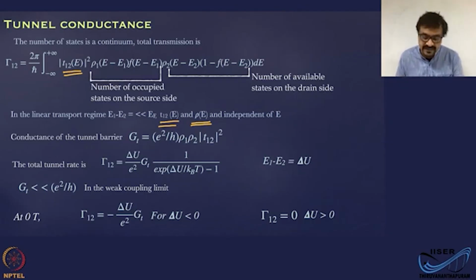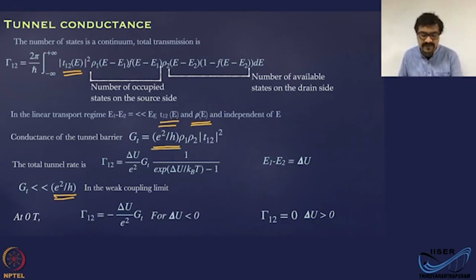Now this is applicable only in the weak coupling limit. The reason is the whole thing we can assume only in the weak coupling limit, where the Fermi golden rule is applicable. Weak coupling limit means GT is far less than e squared by h, where e squared by h is the conductance quantum.